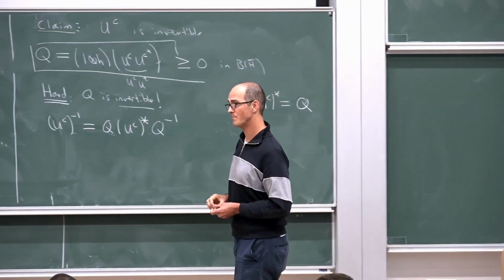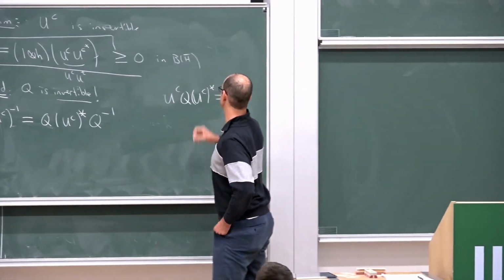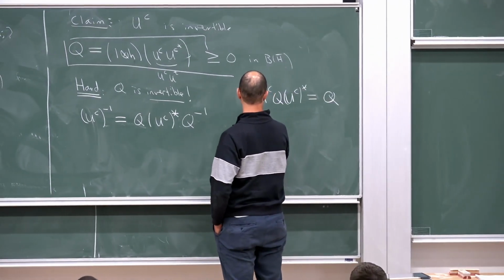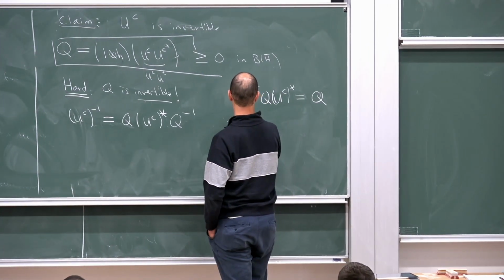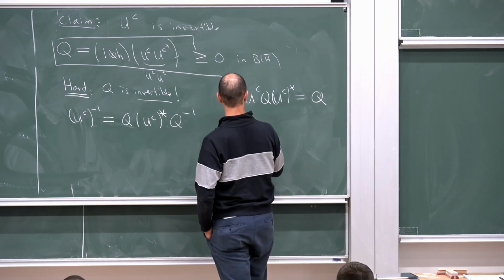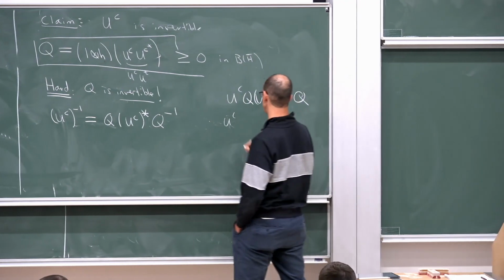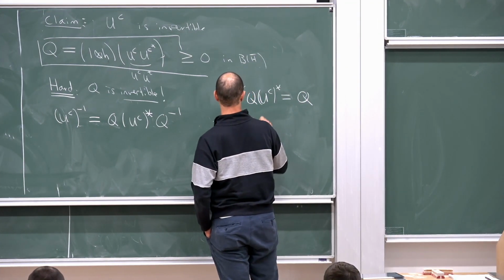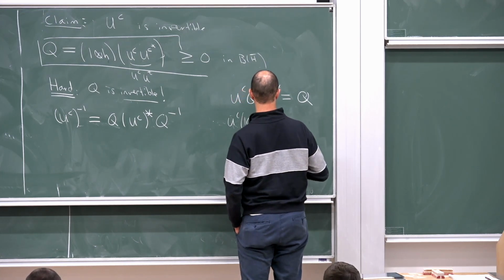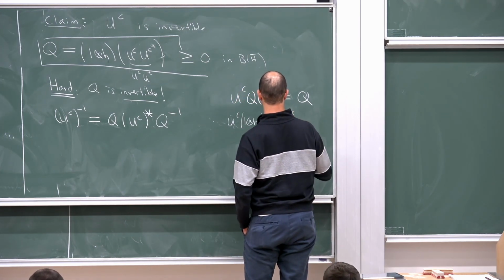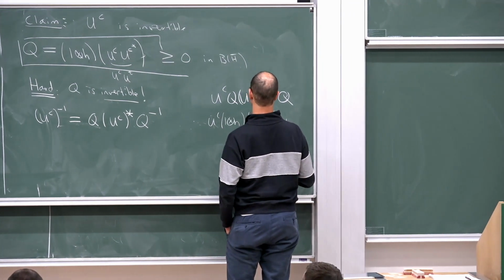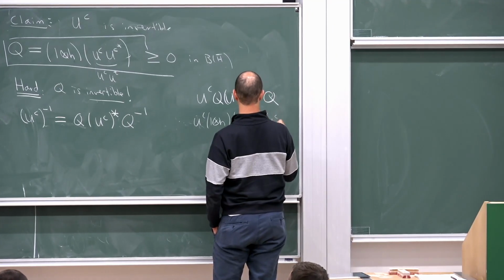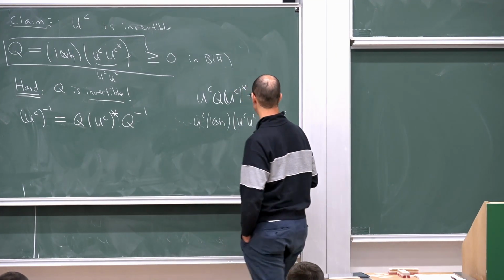Sorry, how do you get this? Right, it's the same calculation I did yesterday actually, so it's like 1 tensor H, UC star.